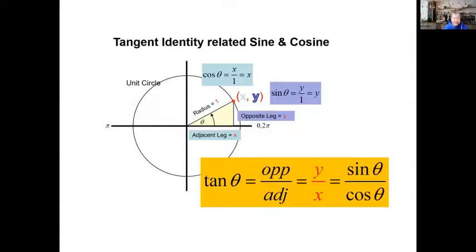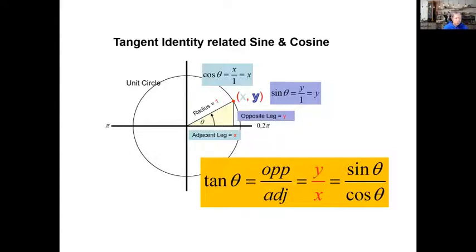So this is a very essential and important matter regarding cosine, sine, tangent happening on the unit circle. Okay?